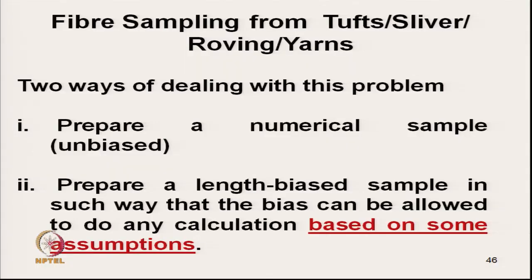There are two different types of sampling techniques we follow. One is called numerical sampling, which is totally unbiased, and another technique is to prepare a length bias sample, where we have to make some assumptions so that in calculation we can take care of that.